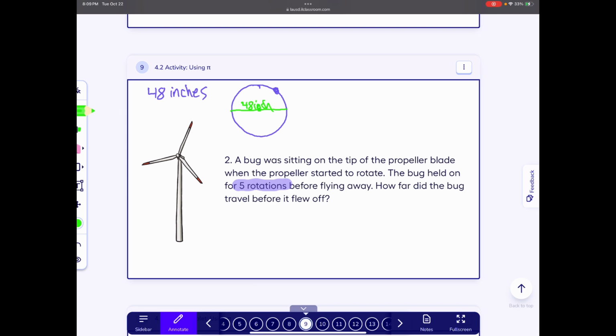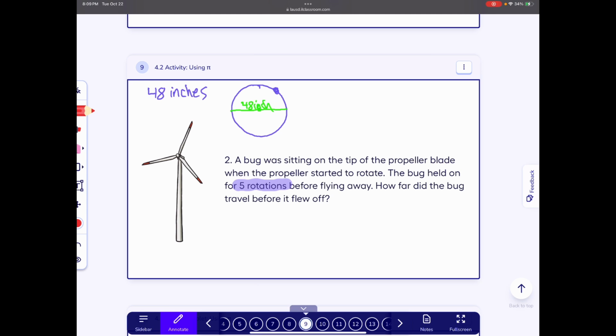It would help to know how far it traveled in 1 rotation. That's also a key point: break down the problem. A lot of times you want to think, how much for 1? That was a key point from 6th grade. If it goes around 1 rotation, that's the circumference.